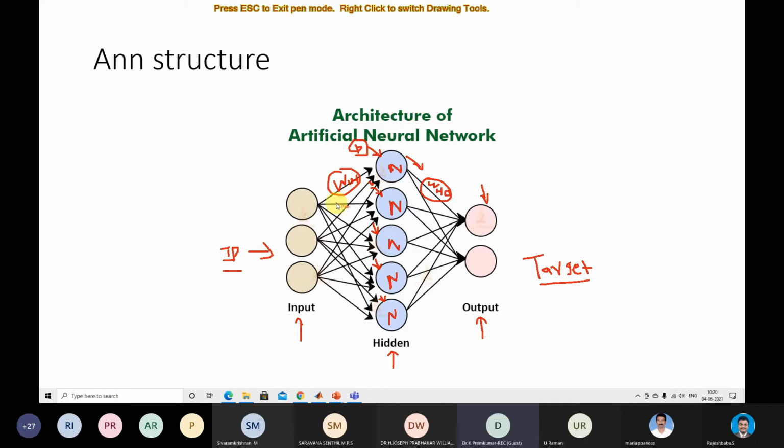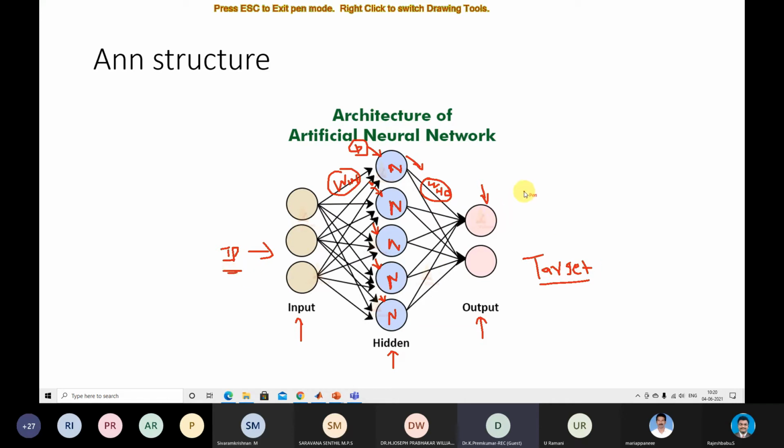For each iteration, it will supply the input and target value. Based upon the input and target value, the training algorithm will update the weights. After that, the neural net will be trained with some input and target value. So you have to take the actual output for the corresponding input.